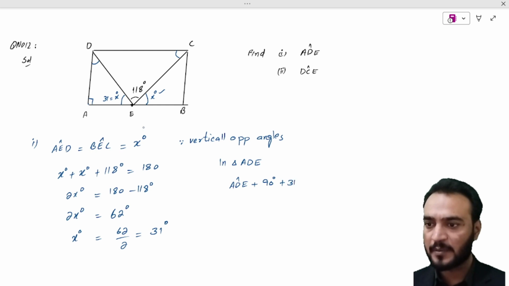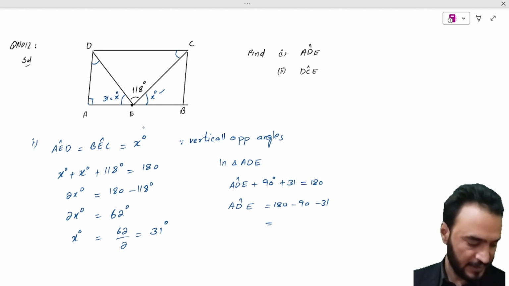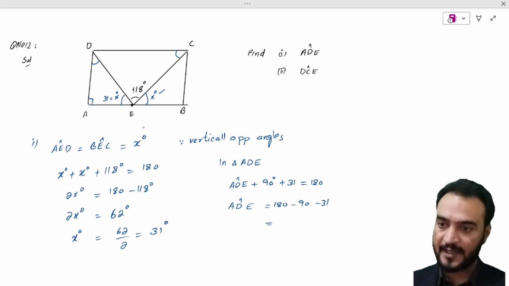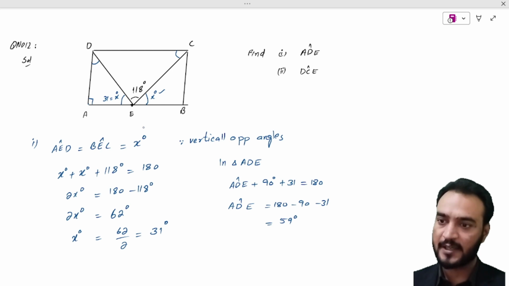We put this sum equal to 180 degrees because now they are interior angles of a triangle. Hence the angle ADE is 180 minus 90 minus 31. Subtracting these, we get the value of ADE, which is 59 degrees. So the value of ADE is 59 degrees.